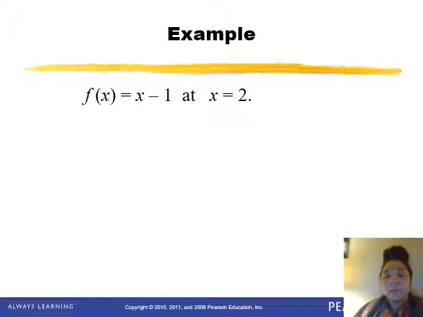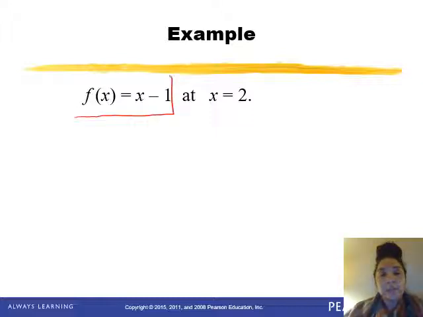So let's take a look at this example. If you remember from section 2.1 and I believe even 2.2, we have used linear equations to give you a real base idea of what these concepts like continuous and infinity are, because they're the easiest to understand.